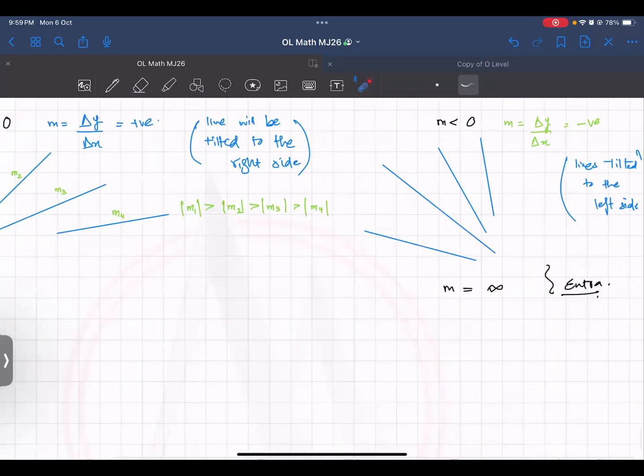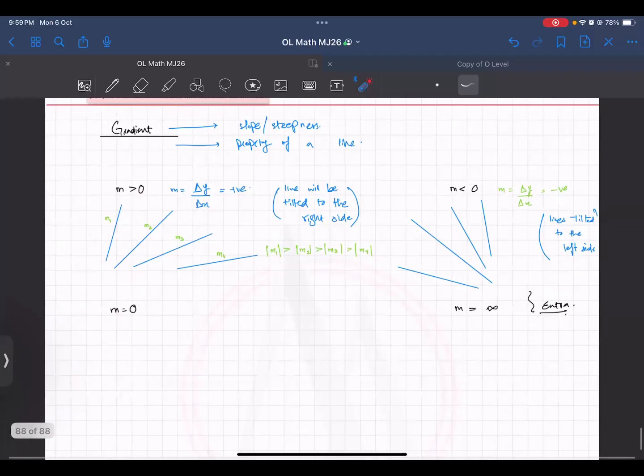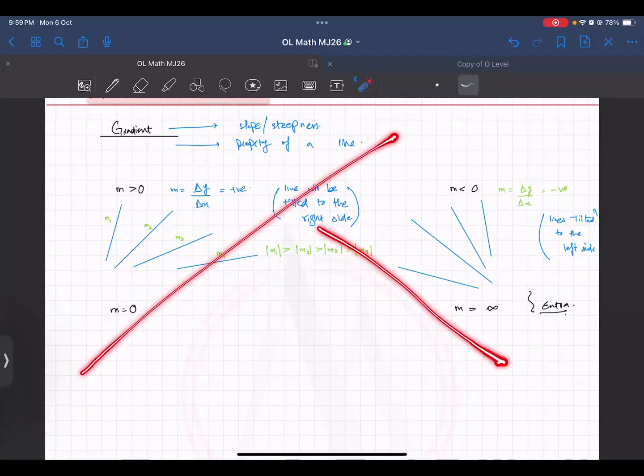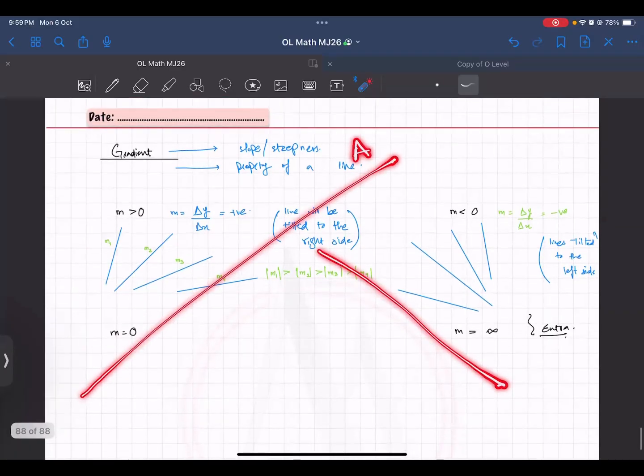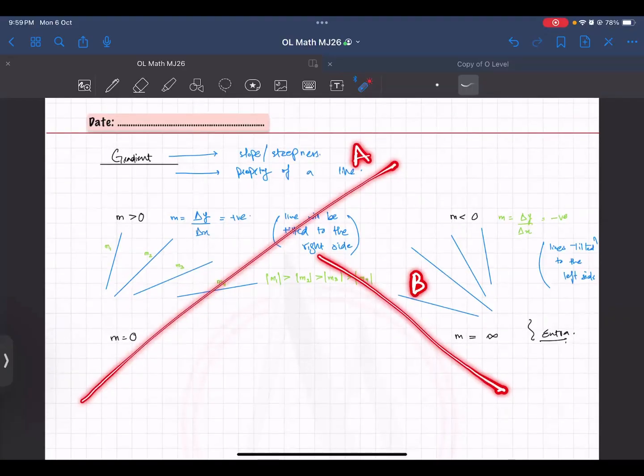And if there's a line like this and a line like this, which one will have a positive gradient, A or B? A. Because that is the one which is tilted to the right side. Yes, good. And B will have a negative gradient because it is tilted to the left side. Any questions, anyone? No.